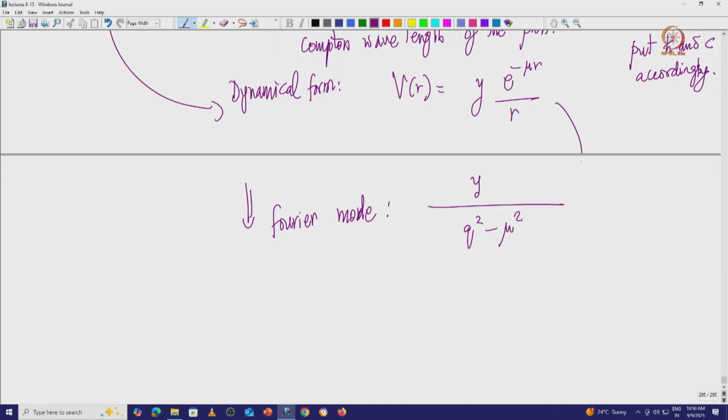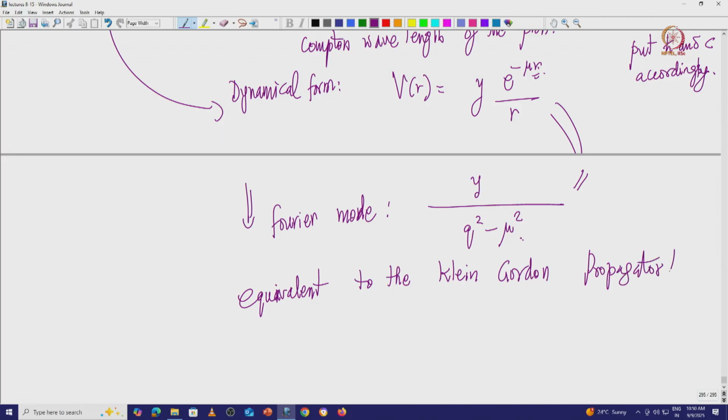In momentum space, 1 by r becomes q square, and the exponential term mu r just becomes the mass term, mu square. This is equivalent to the Klein-Gordon propagator. So this is equivalent to the Klein-Gordon problem.